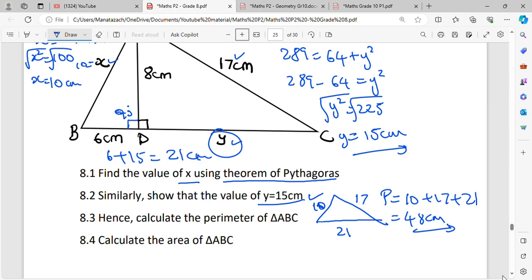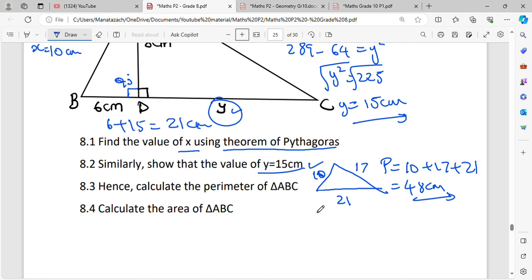Now let's calculate the answer for 8.4. Calculate the area for triangle ABC. So the area, remember here there's a line that's dividing, which is 8 centimeters long. So the area of triangle ABC is half base times height.